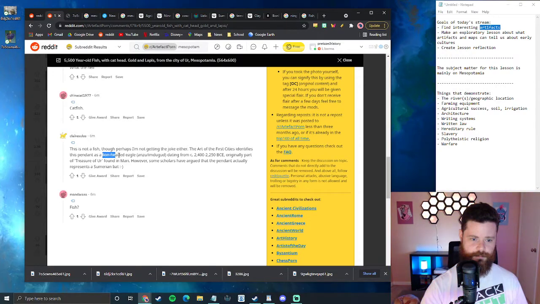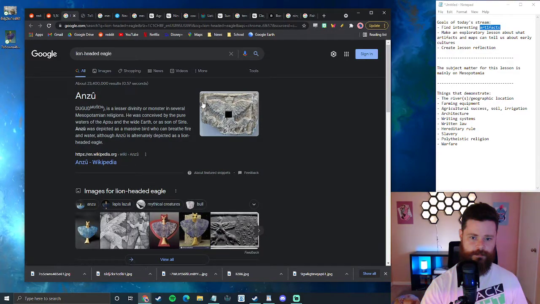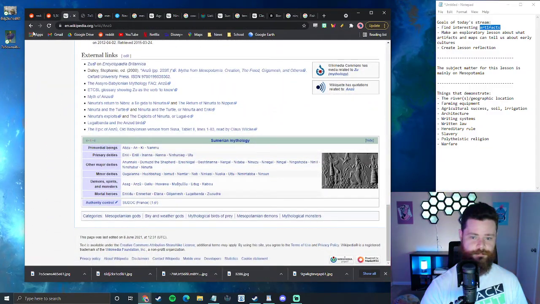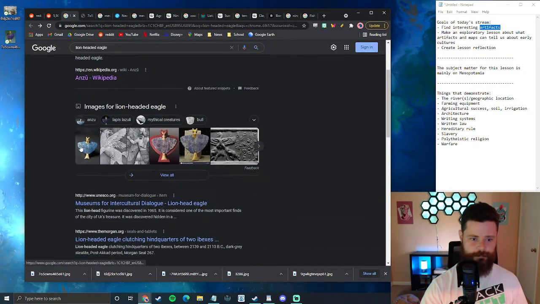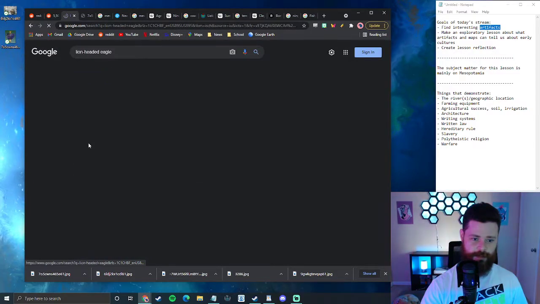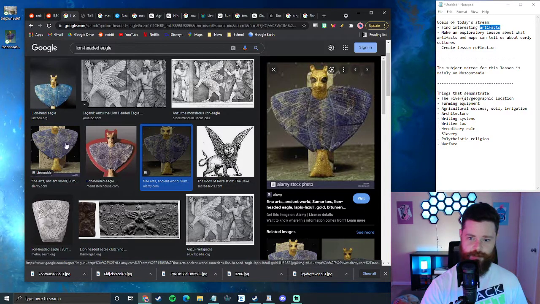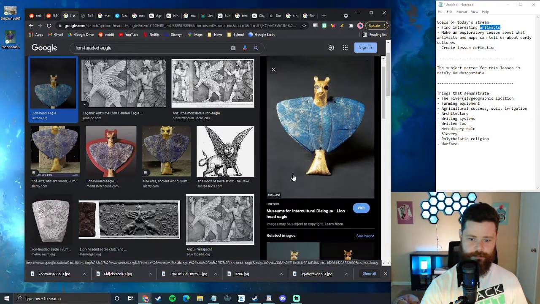Lion-headed eagle. Oh, okay, yeah. There was, here. All of these over here. Pretty decent images. Okay, same thing. Yeah. Oh, UNESCO.